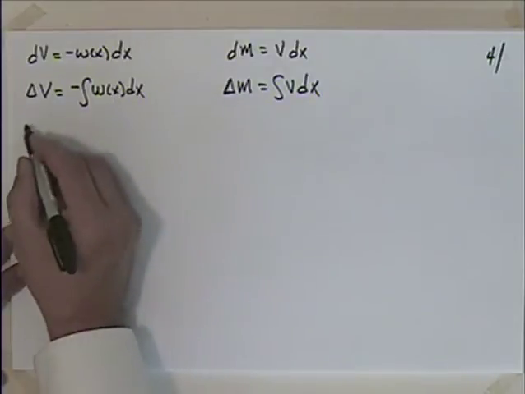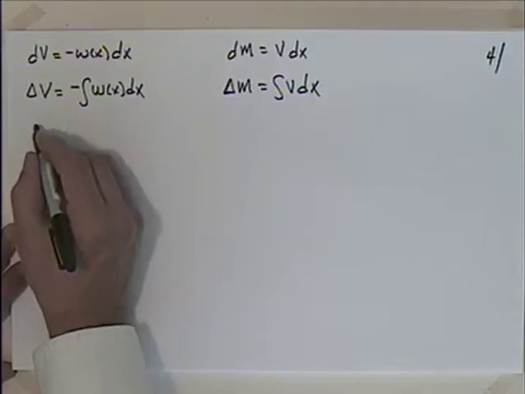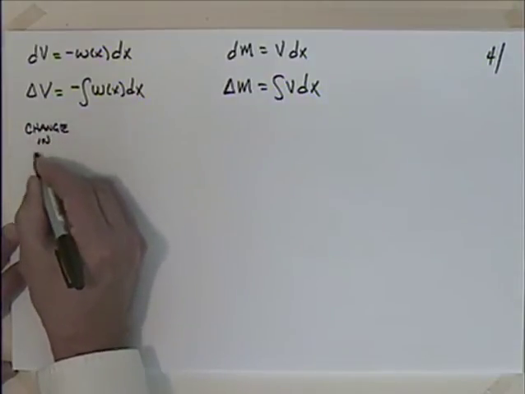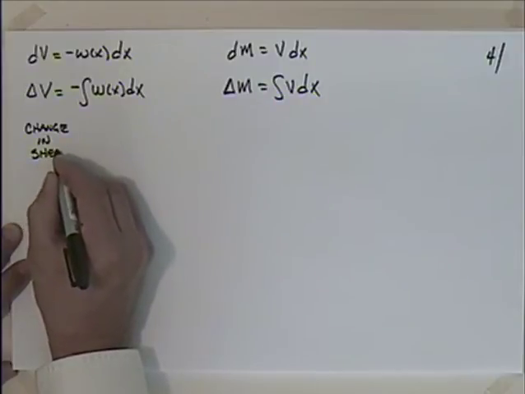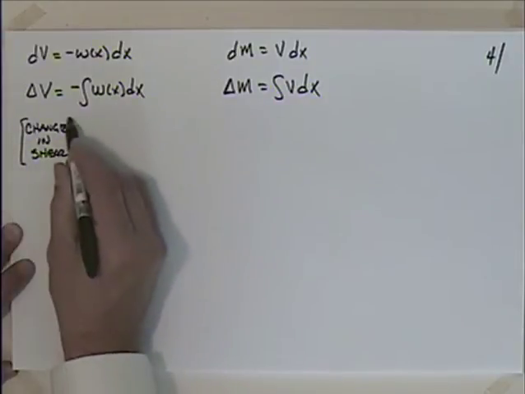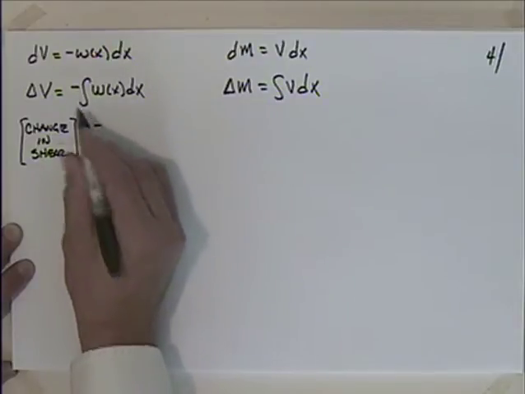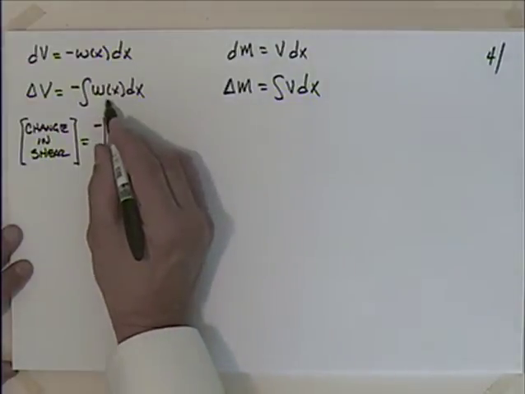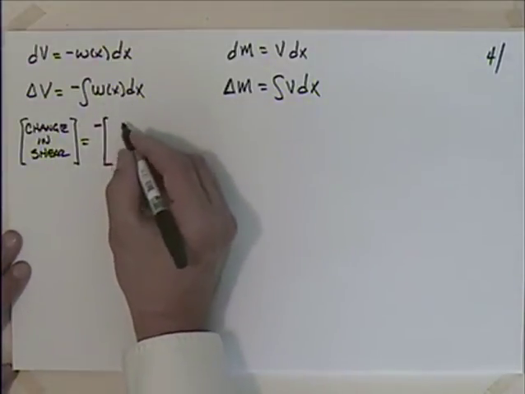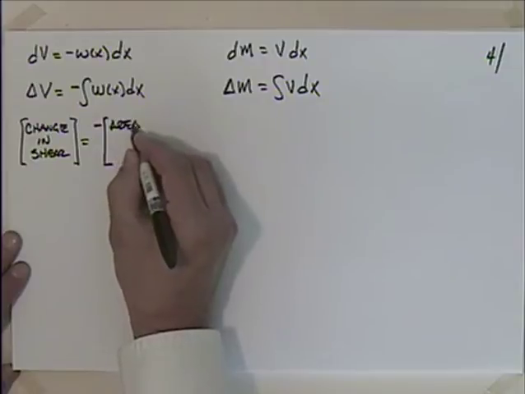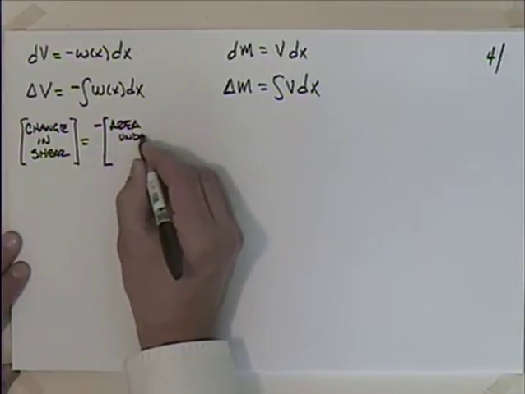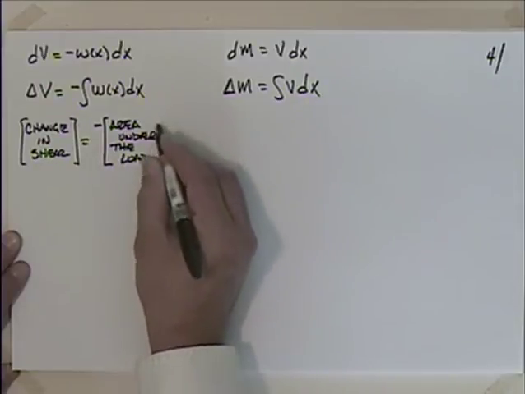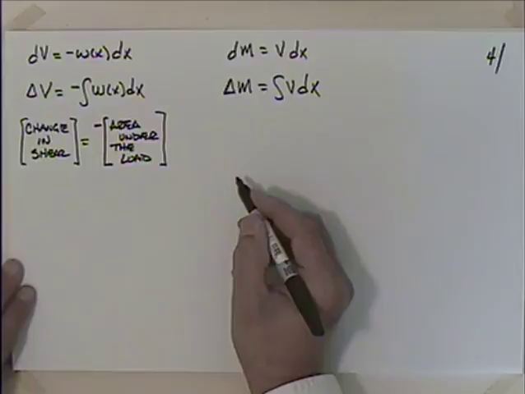This one is the change in the shear. The change in the shear is equal to negative, we've got that negative sign we brought out of the integral, what's that? We think of the integral as the area. This is the area under the load, isn't it? So the change in the shear is equal to minus the area under the load.